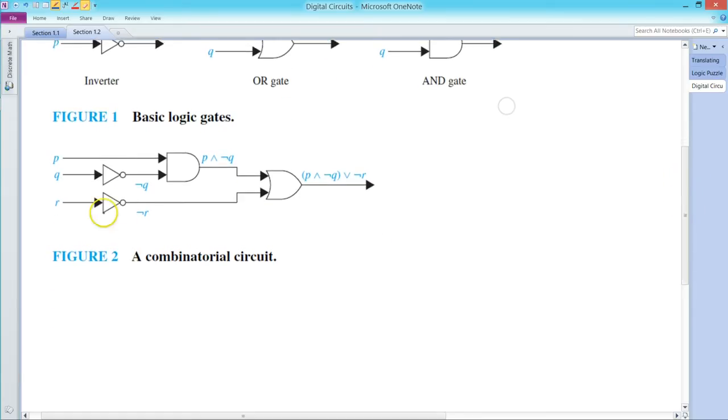These circuits can then represent a specific logical expression at the end. Take a look at this example in Figure 2. Figure 2 takes three inputs, P, Q, and R, and it uses a number of basic logic gates.